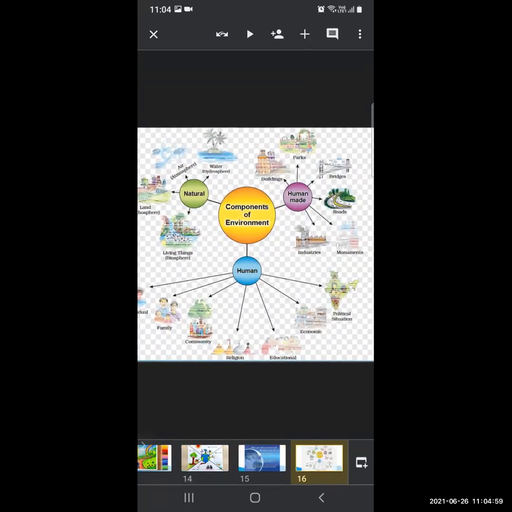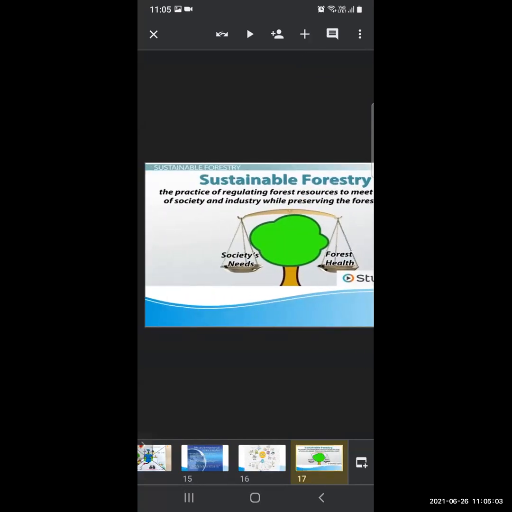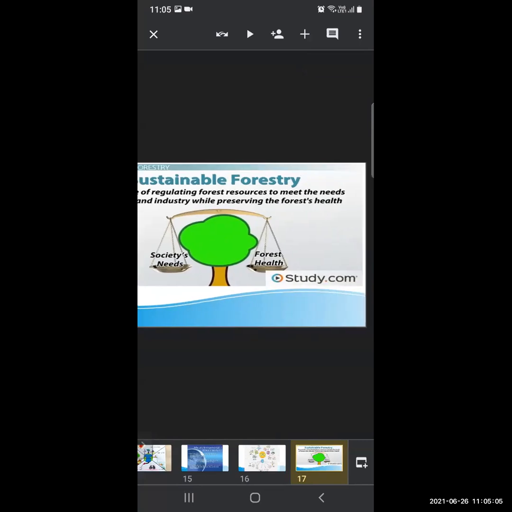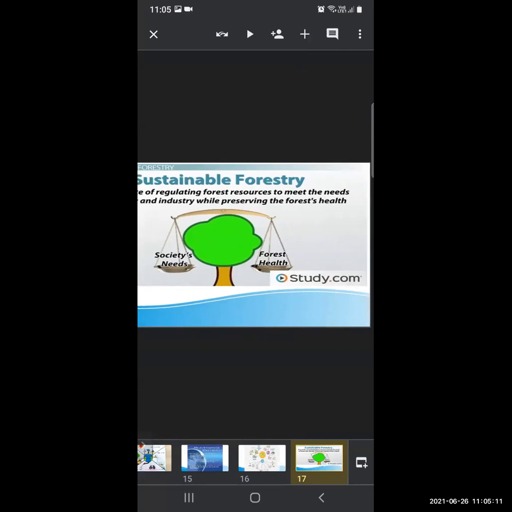This we have seen: sustainable forestry. It is the practice of regulating forest resources to meet the needs of society and industry while preserving forest health. We have to preserve the forest health. If we keep cutting the forest and doing deforestation, where will the animals live?